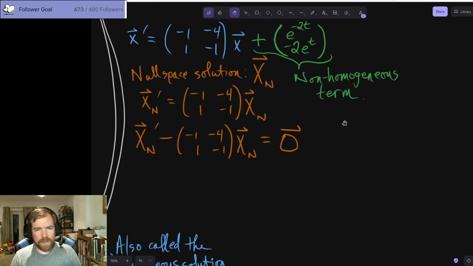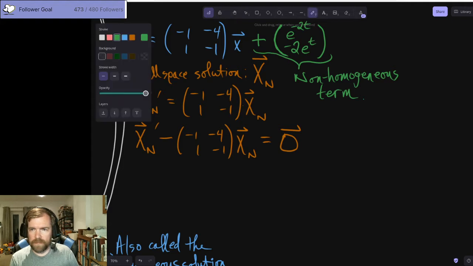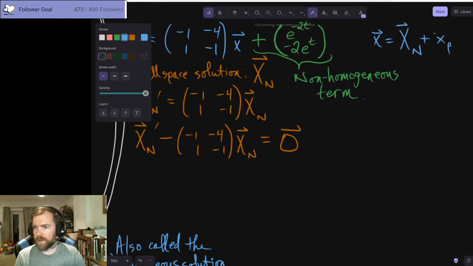Zach, what do you know about if we assume that x is going to be some combination of our null space plus some other solution, which I'll get back to naming in just a minute, but we'll call it our non-homogeneous portion of the solution?